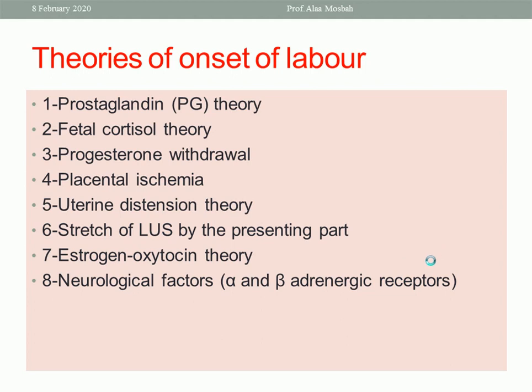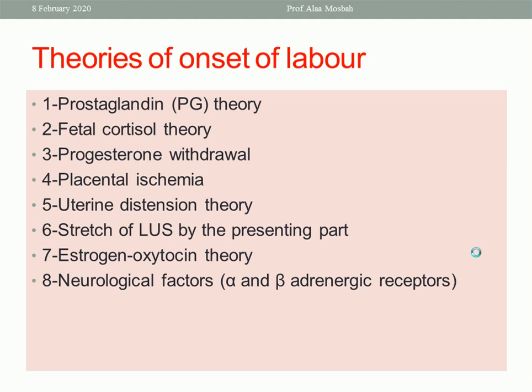Placental ischemia theory, with decrease of the release of oxytocinase, which destroys the oxytocin, so cause uterine contraction.